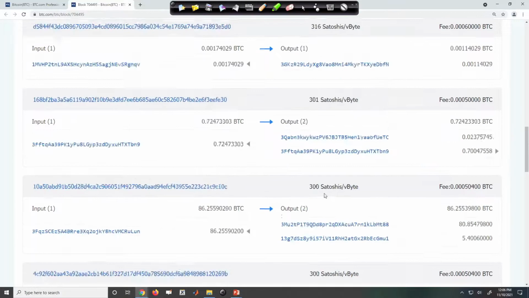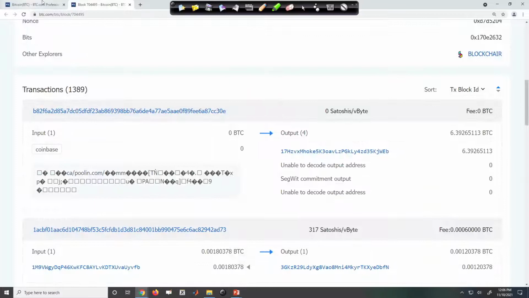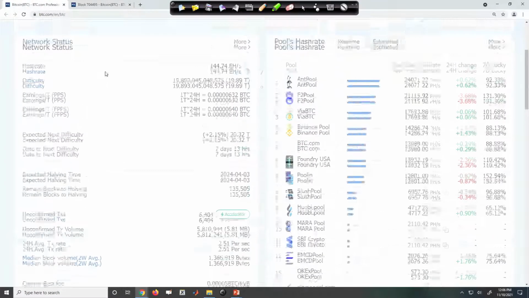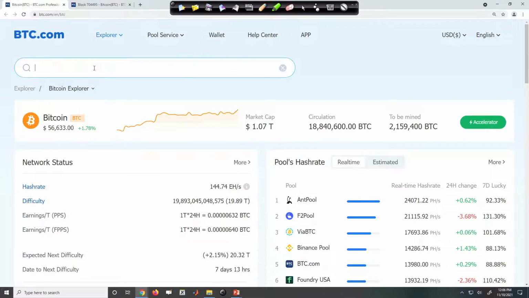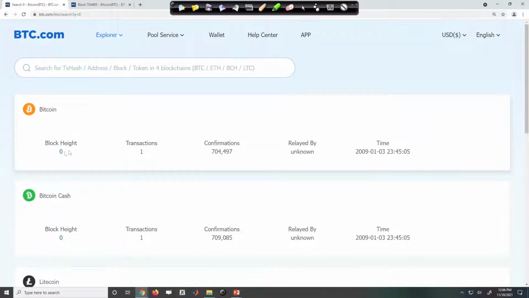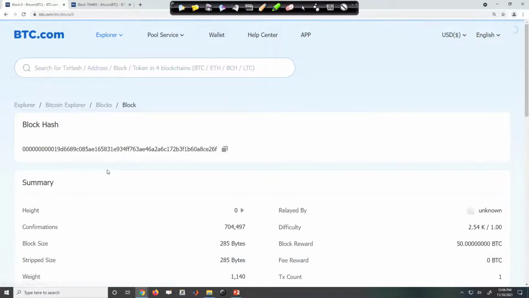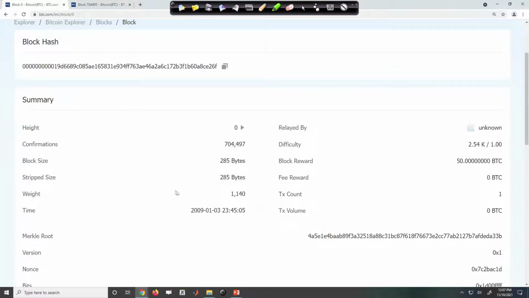Also, if you look at this example here for your understanding, if I go to block number 0, which should be interesting to you, which was the very first Bitcoin block that was mined by Satoshi, you see that it had this block reward of 50 Bitcoin.